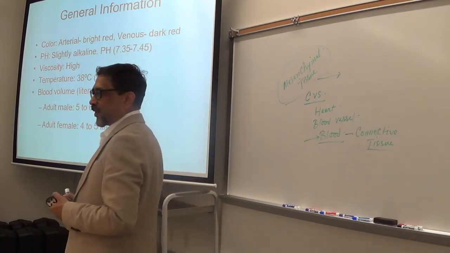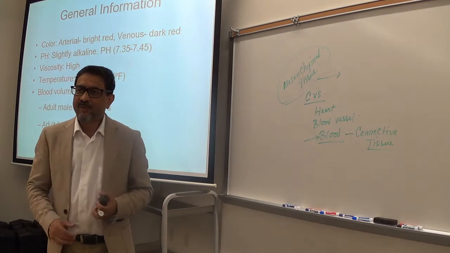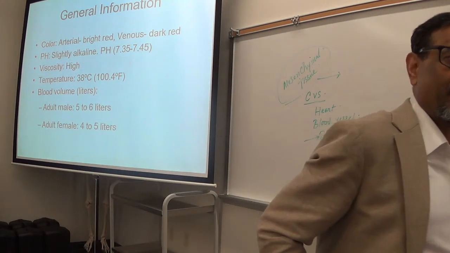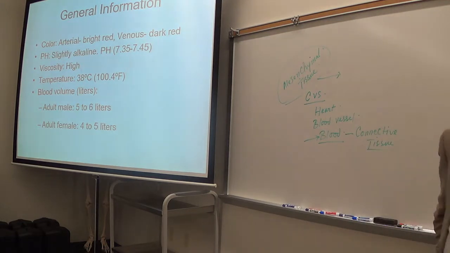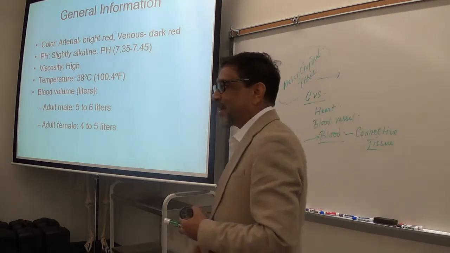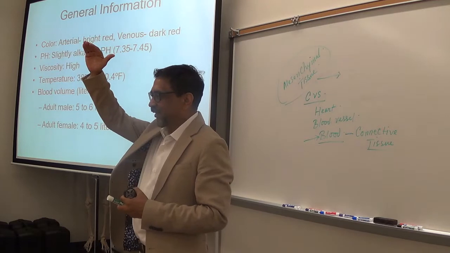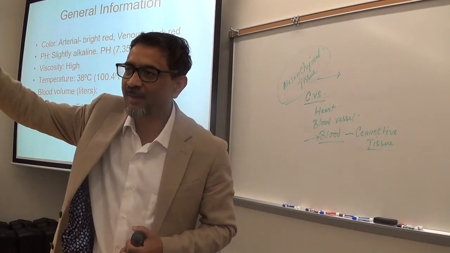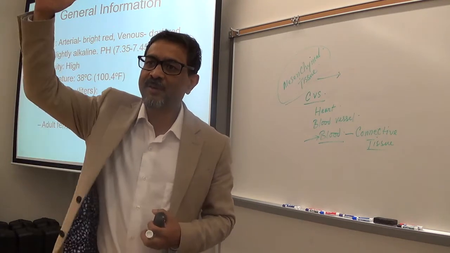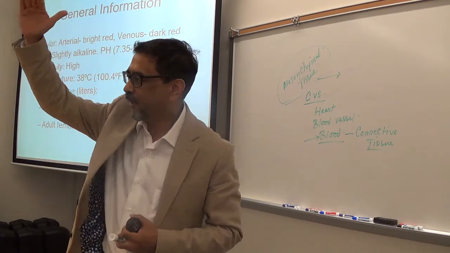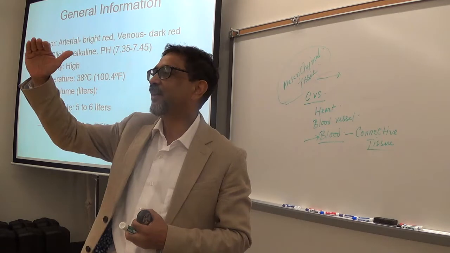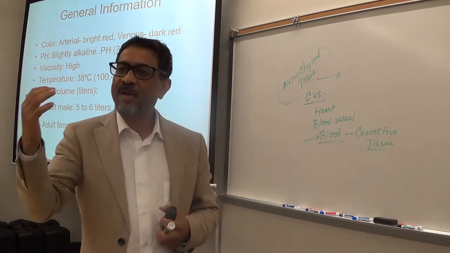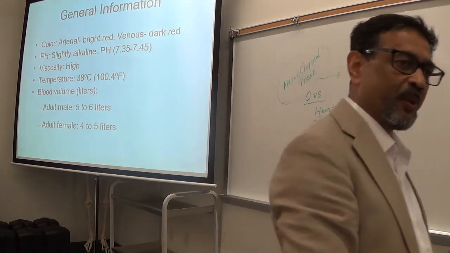pH of blood is between 7.35 and 7.45. That means above 7, right? Remember, pH 7 is neutral, okay? If it is above 7, it is alkaline. Below 7, it is what? Acidic. Make sense? So the pH of blood is 7.35 to 7.45.